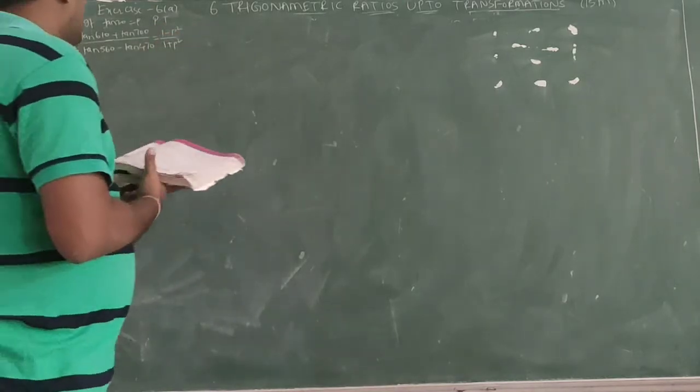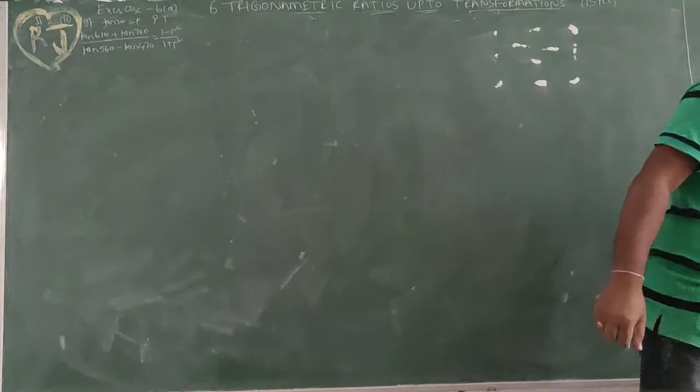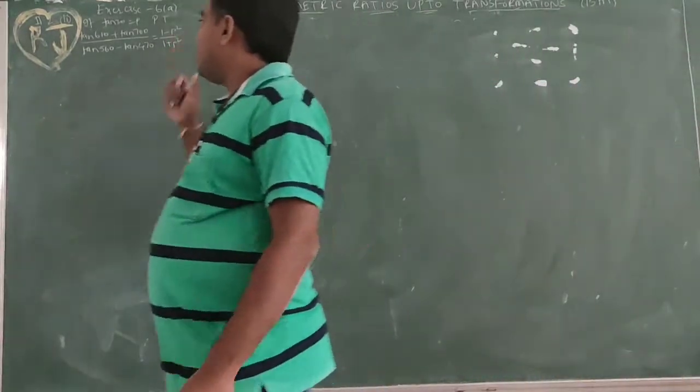So we need to prove this. Tan 20 equals p, and we need to simplify to get this.